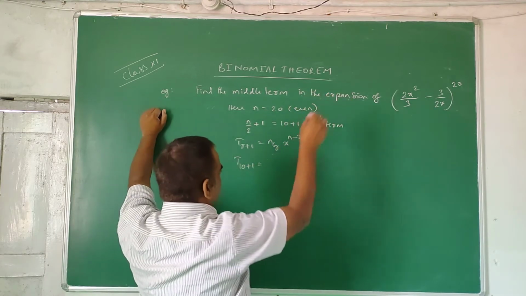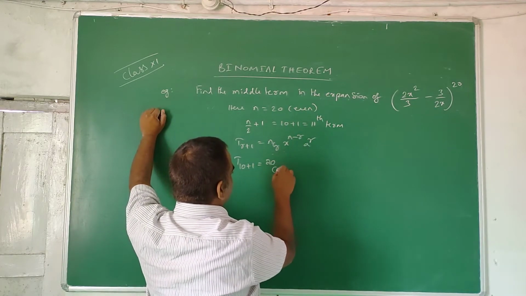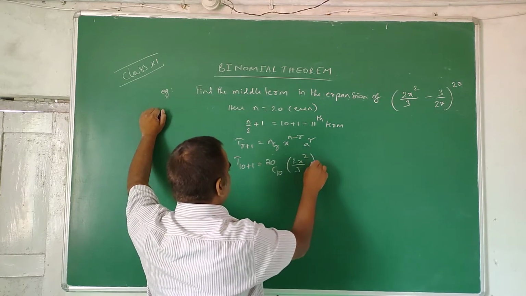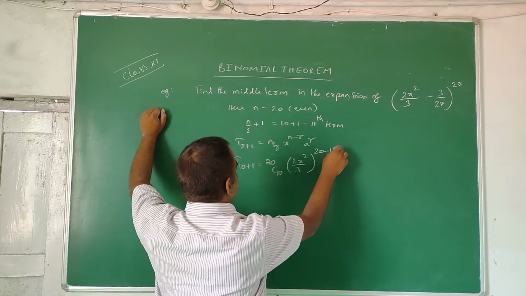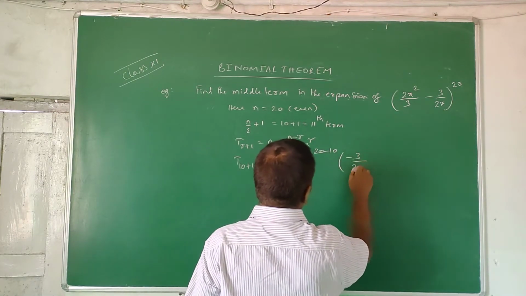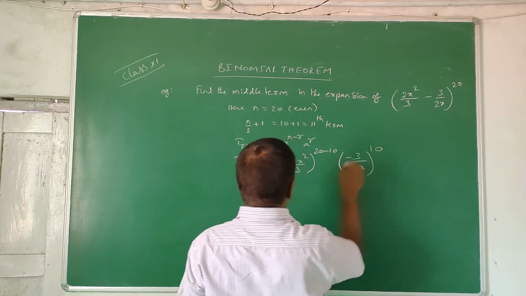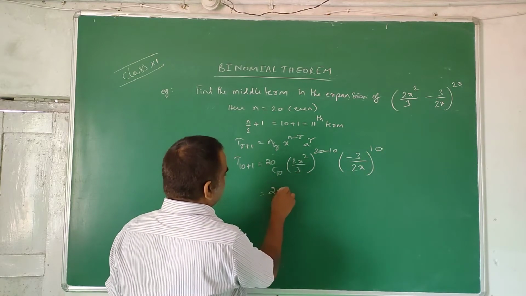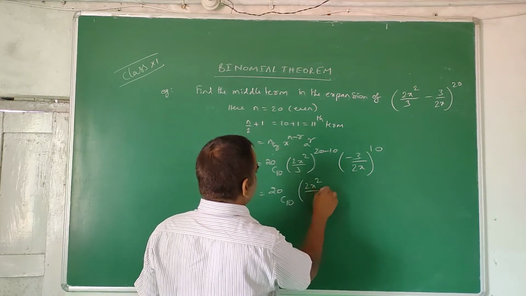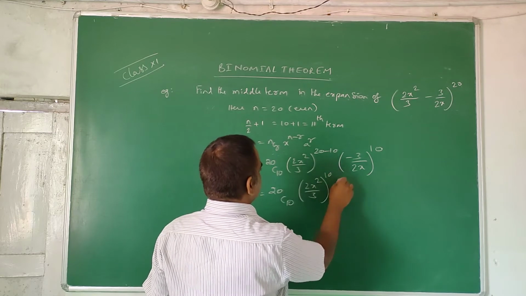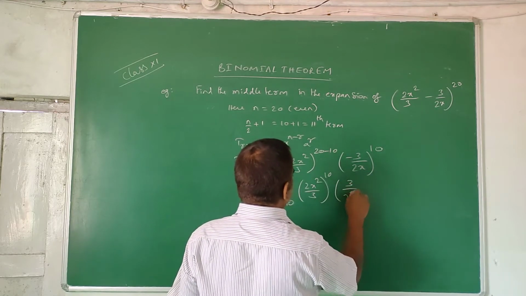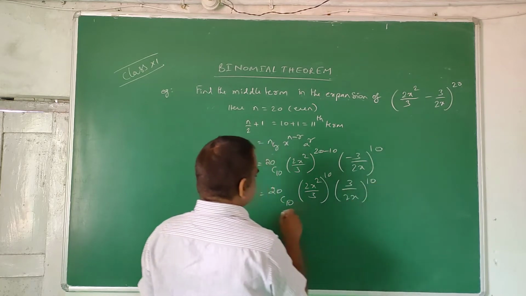From that binomial, n is 20, 20C10, (2x square by 3) whole to the power of 20 minus 10, a is minus 3 by 2x to the power of 10. So 20C10, you calculate later, into (2x square by 3) whole to the power of 10. This minus will become plus, (3 by 2x) whole to the power of 10.